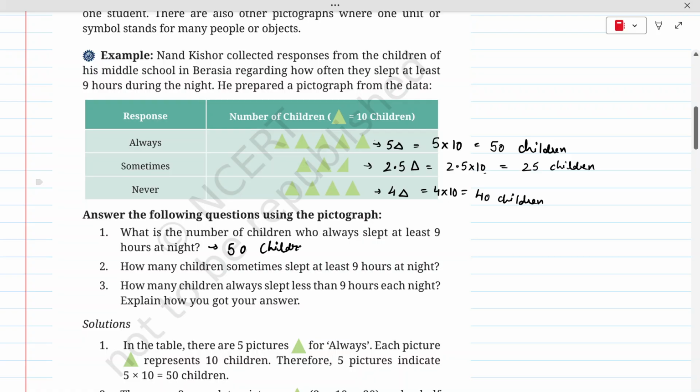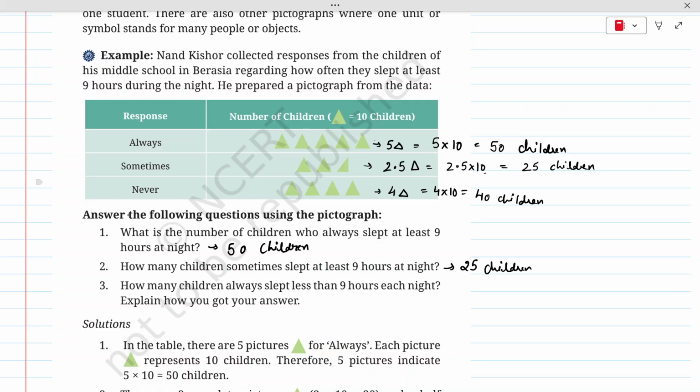Next is how many children sometimes slept at least 9 hours. Sometimes, this is 25 children, right? And then how many children always slept less than 9 hours each night? Here we have to tell the children who have always slept less than 9 hours.